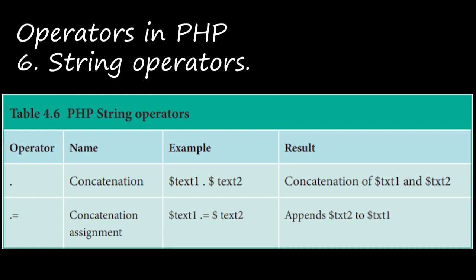Concatenation assignment means assigning one to the other, using dot equal to. If we write computer dot equal to application, the result appends application to computer.